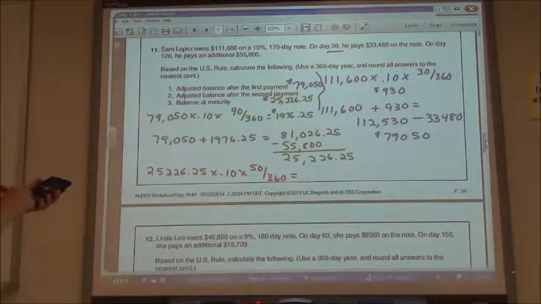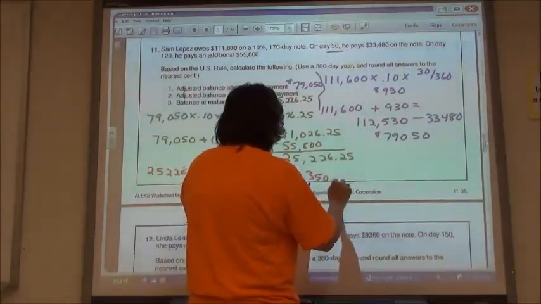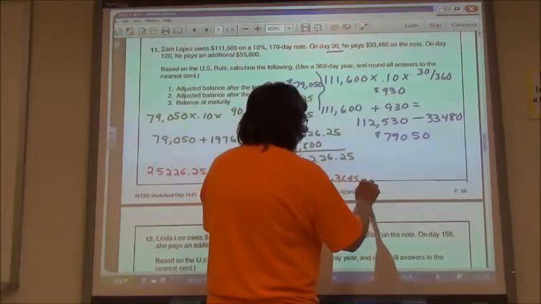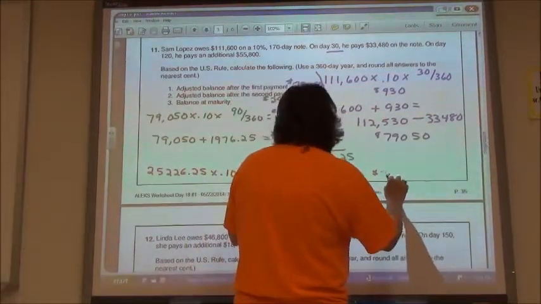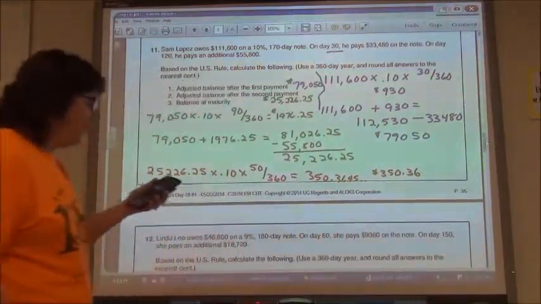So if I take my $25,226.25 times my 10% times 50 divided by 360, my interest is 350.3645, so $350.36 when I round that off.